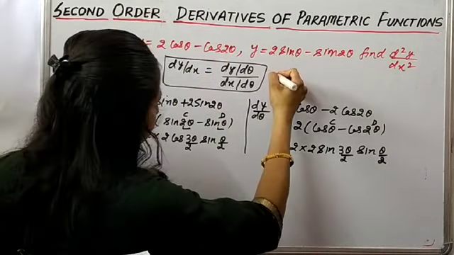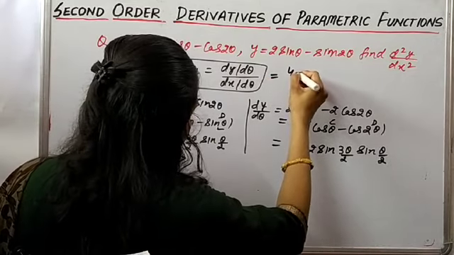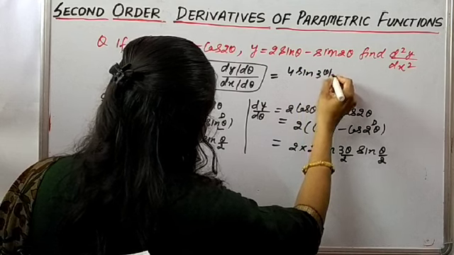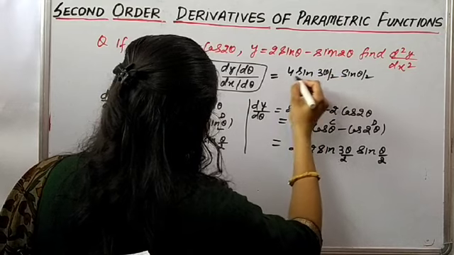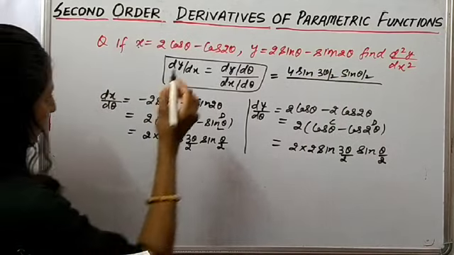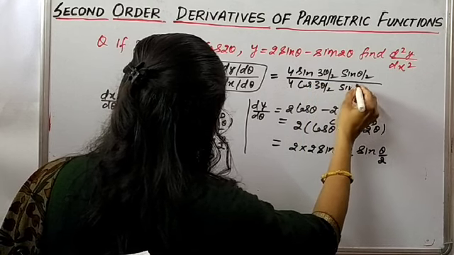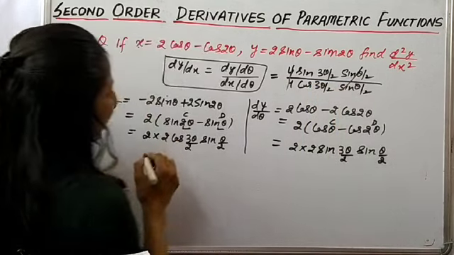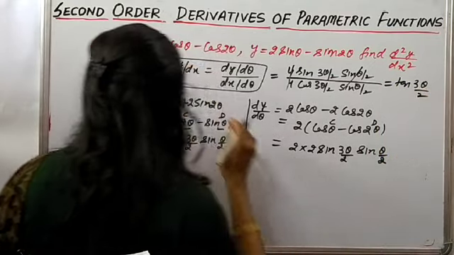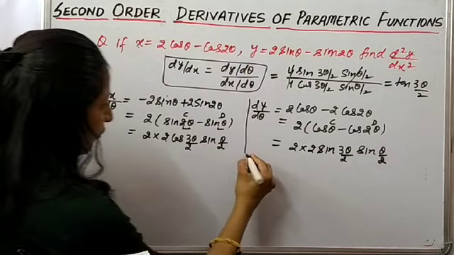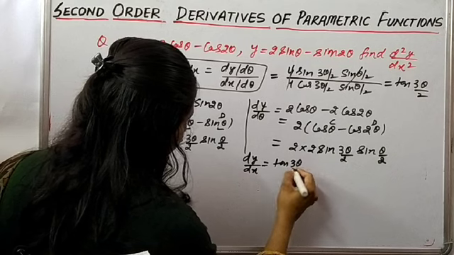So I am substituting here: dy by d theta is 4 sin 3 theta by 2 into sin theta by 2, upon 4 cos 3 theta by 2 into sin theta by 2. These terms will cancel, and it will be tangent 3 theta by 2. So our first order derivative, dy by dx, is equal to tangent 3 theta by 2.